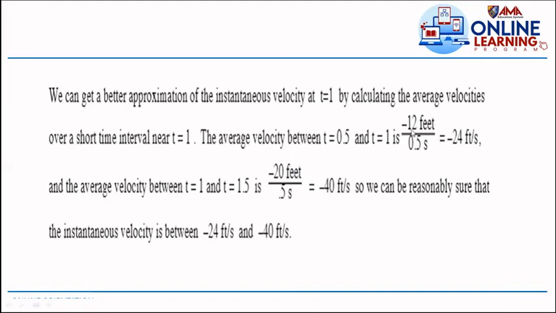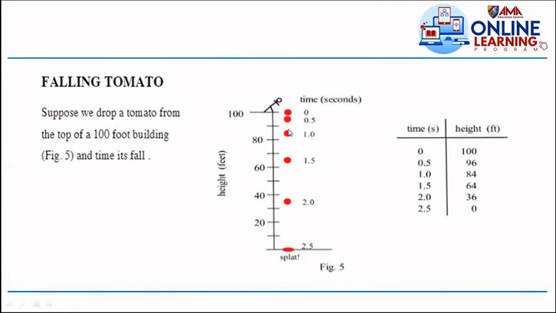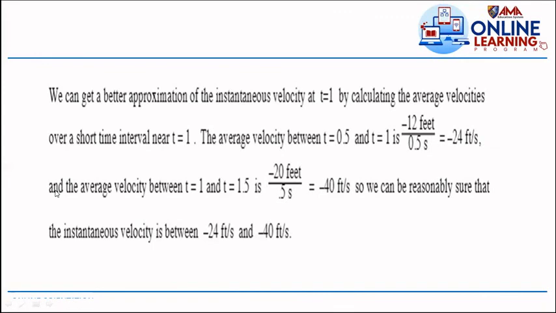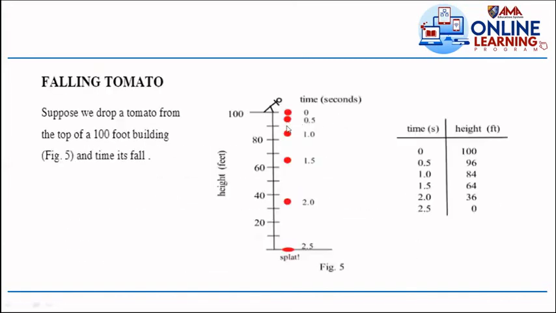So we have negative 12 feet over 0.5, so we have negative 24 feet per second. It is slow from here to here. But below, the average velocity between 1 and 1.5 is negative 20 over 0.5, the answer is negative 40. So from here is negative 24, from here is negative 40.